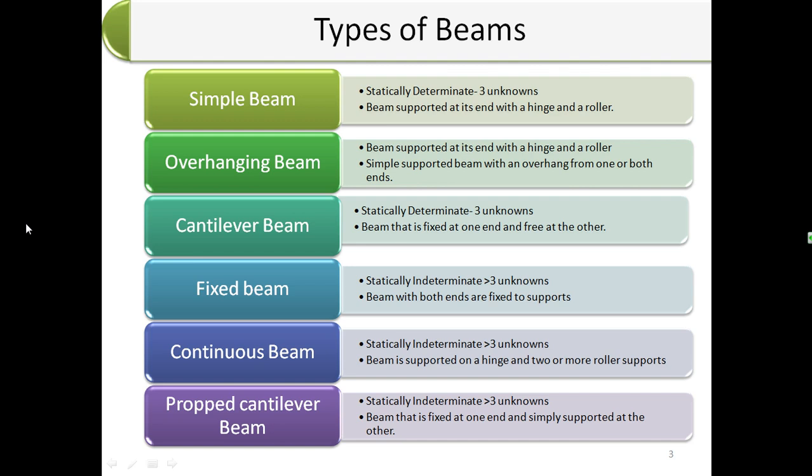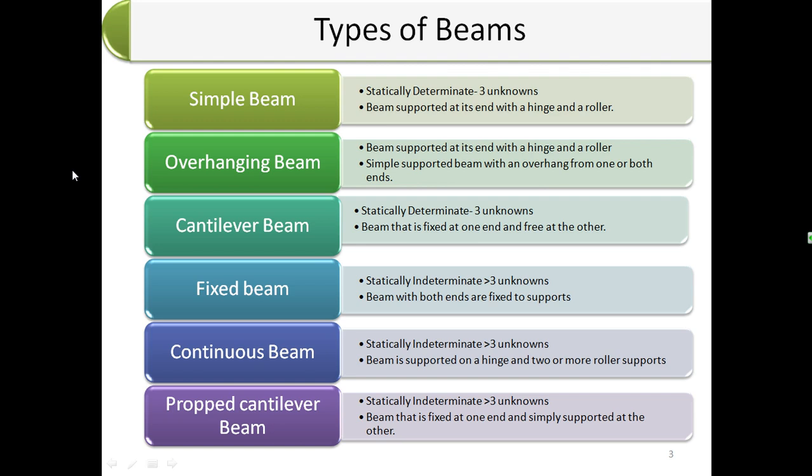And the third one is a cantilever beam. In a cantilever beam, one end is fixed and the other end is free. On the fixed end there will be 3 unknowns: the vertical reaction, horizontal reaction and the moment.